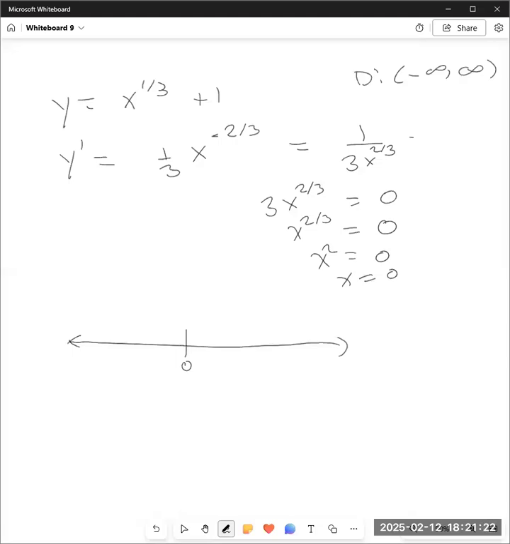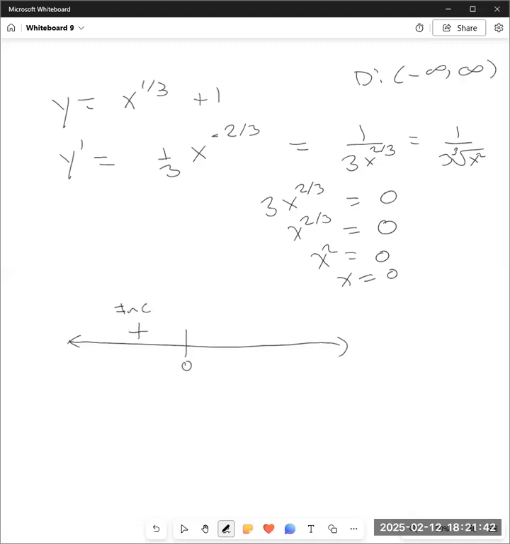This should be 1/3 times the cube root of x squared is the way that I need to look at that 2/3 power. So -1 squared is 1, the cube root of 1 is 1, 3 times 1 is 3, and I have 1/3, so that's positive, and it's increasing.